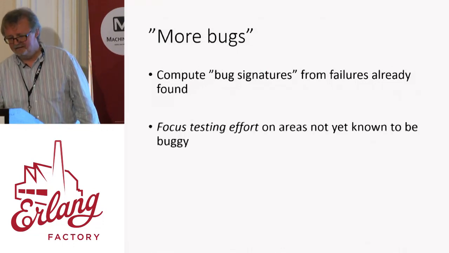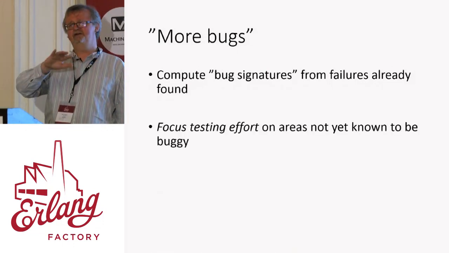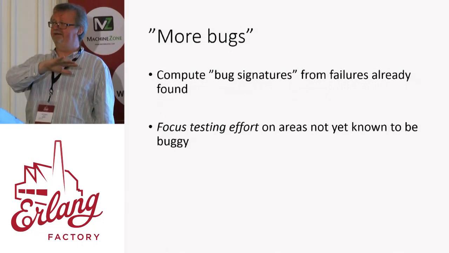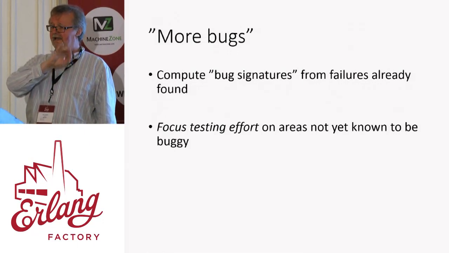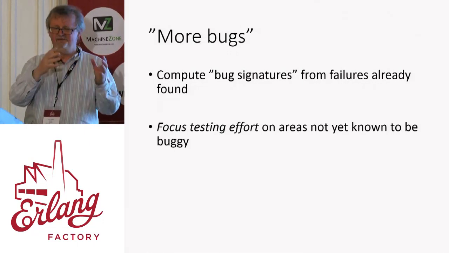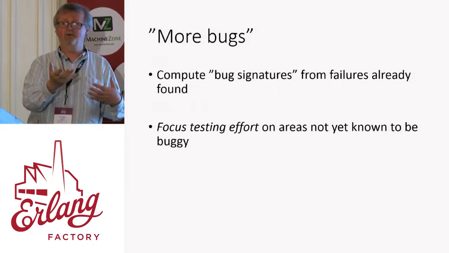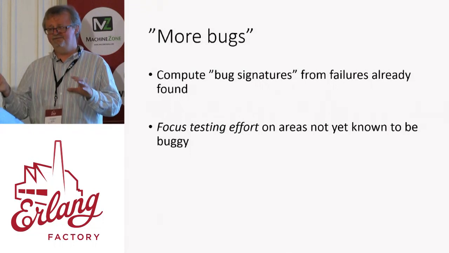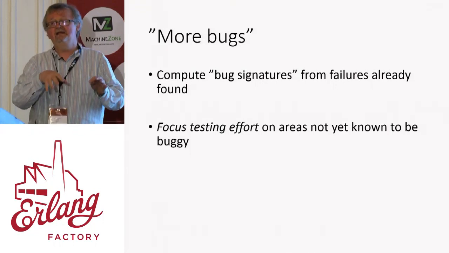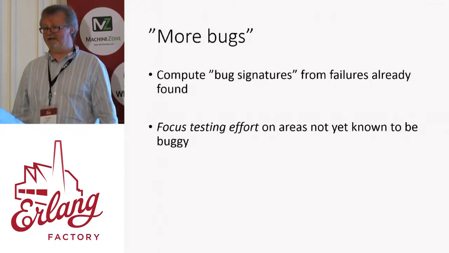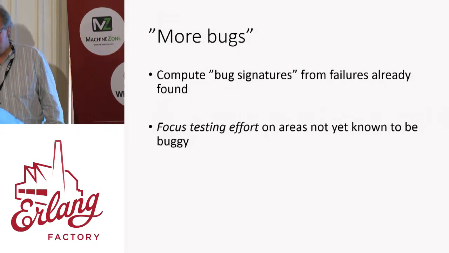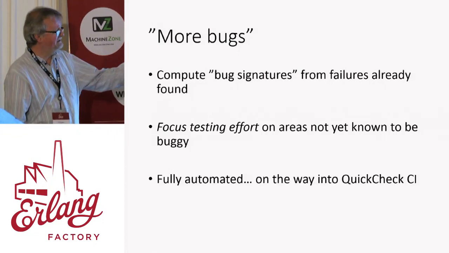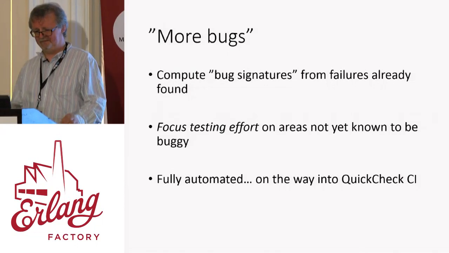And then we can steer QuickCheck's generation so that we don't generate that bug anymore. This is really great because it means once we've found a few bugs, we know these parts don't work. Well, we don't waste testing effort trying to test those parts of the code anymore. We can focus testing on the areas that we don't yet know are buggy. And more bugs automates that completely. It's not in QuickCheck-CI yet, but it will be.